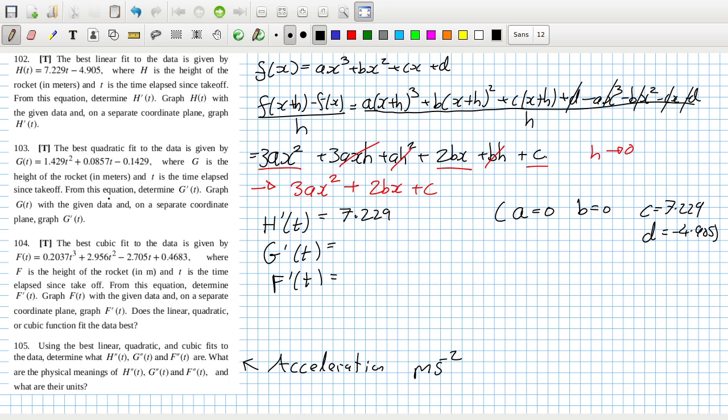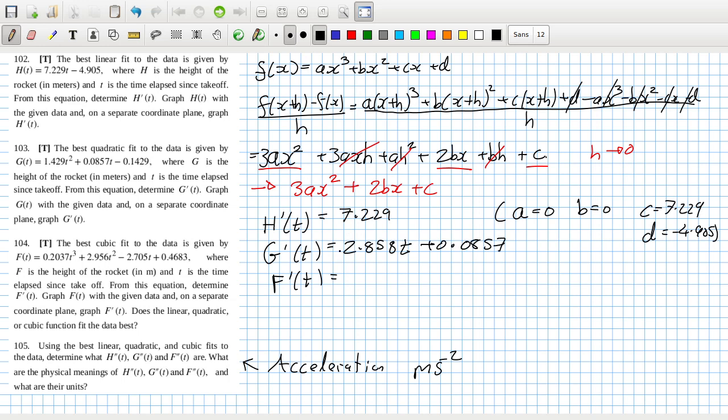Likewise here, again using the formula I arrived at, so that would be 2.858t plus 0.085857.